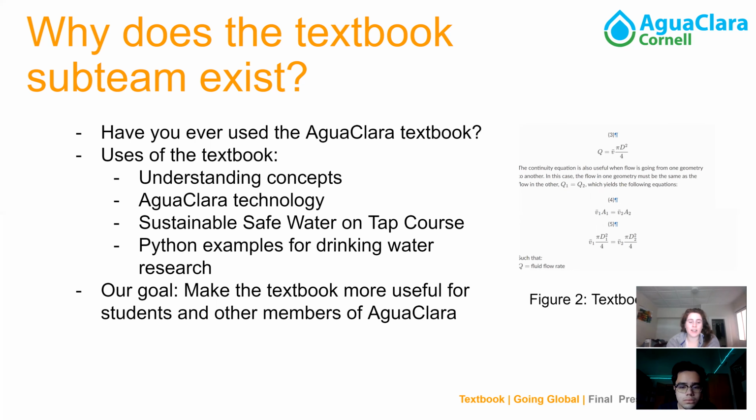It is the textbook for the Sustainable Safe Water on Tap course, which is supposedly going to be offered in the next coming semesters at OSU. And then it also has a lot of Python examples that you can follow for your drinking water research, and also to better understand the use of the Aguacara package. So our goal as the textbook sub-team is to make the textbook more useful for students and other members of Aguacara.